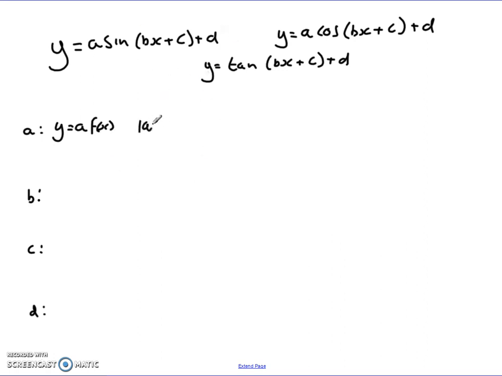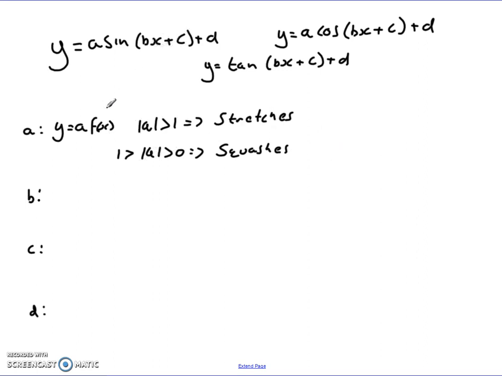So if the size of a is bigger than 1, it stretches it in the y direction. If the magnitude of a is less than 1 but bigger than 0, it squashes it. Okay, so it stretches our graph in the y direction, or it squashes our graph in the y direction, depending on the value of these.